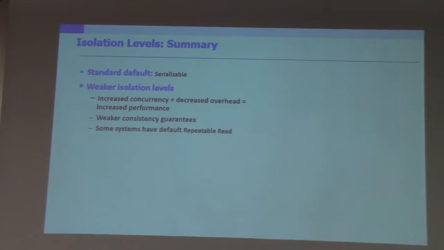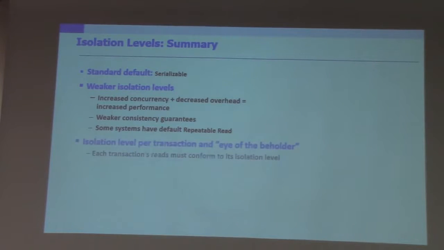Repeatable read is the second strongest isolation level. Then there are 2 more isolation levels that typical commercial database engines are able to support. And in most cases, by default, people go with either serializable or repeatable read. That's why I cover these 2, and the other 2 I leave for you to explore. If you're interested, you can just Google online and look through what the other 2 isolation levels are. But typically, people go with either serializable or repeatable read. Okay.